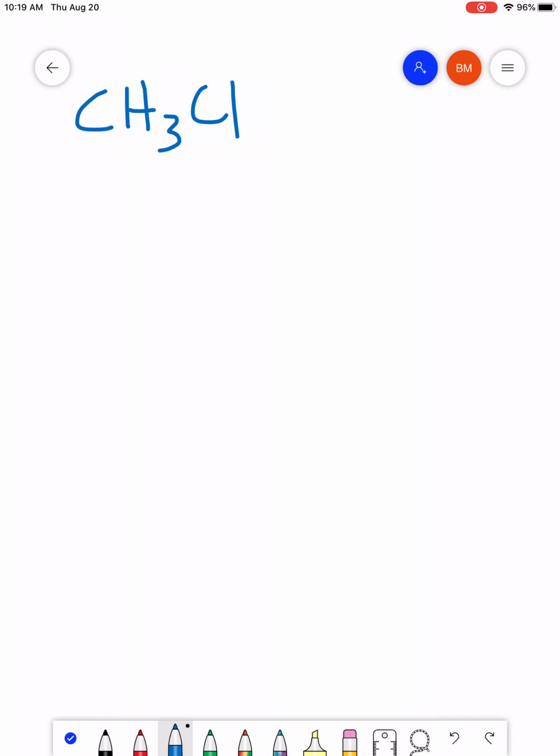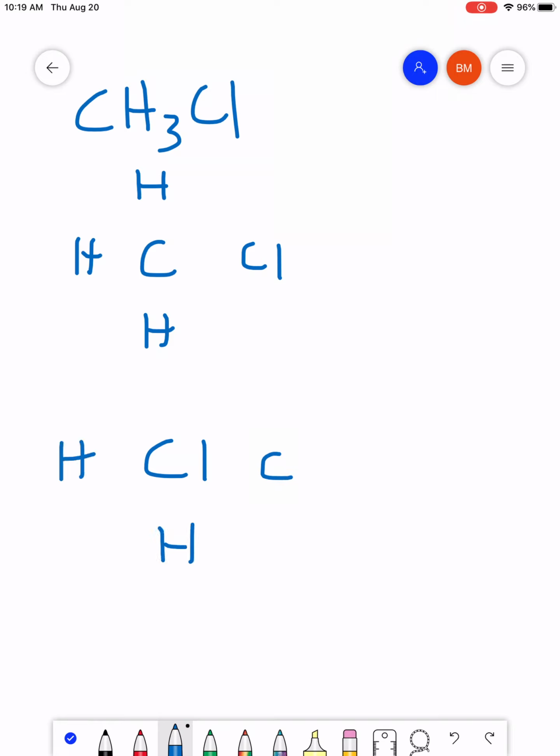I could make carbon a central atom, and then surround it with other atoms, right? Or maybe I could choose to make chlorine a central atom. Now, I can tell you, obviously, only one of these is correct. Do you see anything wrong with one of these? Give you a couple of seconds here to think about it. What could be wrong with one of these?